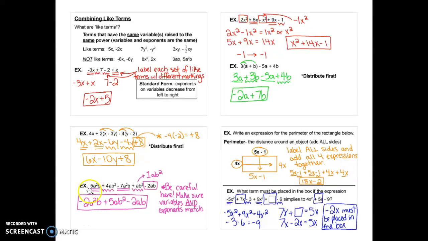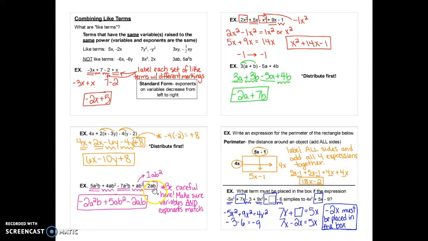So my first term is a 5a squared b. So I need to check and see if there's any other terms in this problem that have an a squared b, and it has to match exactly. This term does not. This term I have as negative 7a squared b. So this is my like term with it.